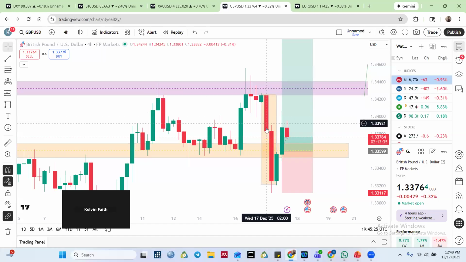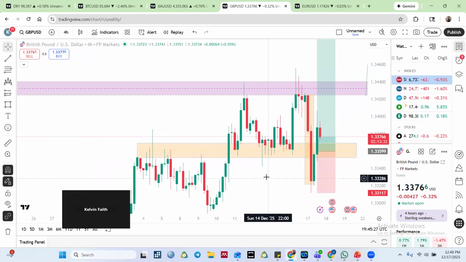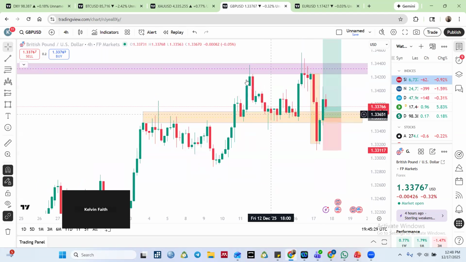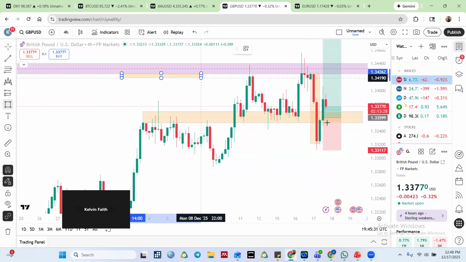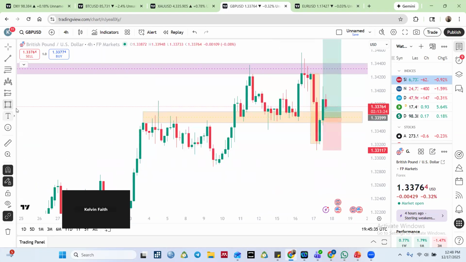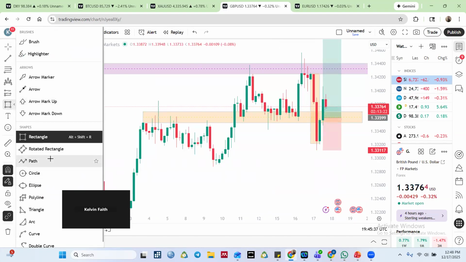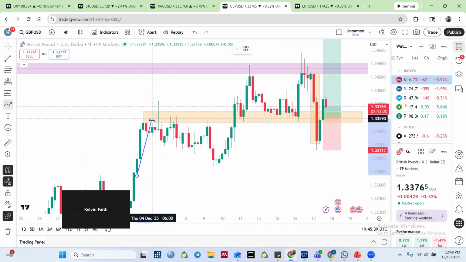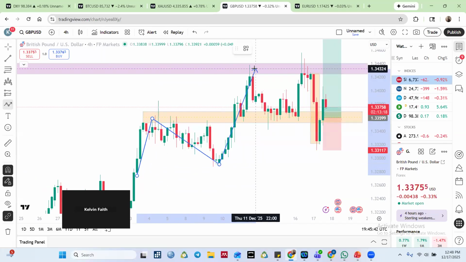Price engulfs it. Okay. And if you look closely at this whole pattern, it is giving you a high here, a higher high, kind of relative equal highs here.